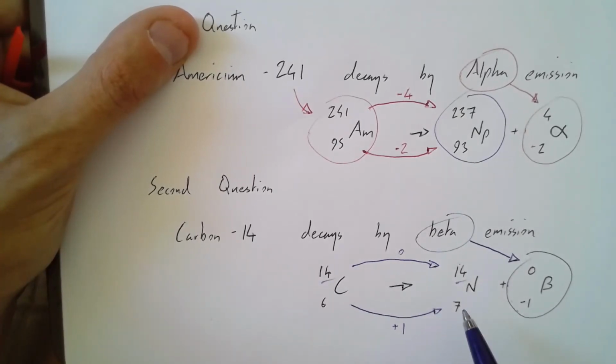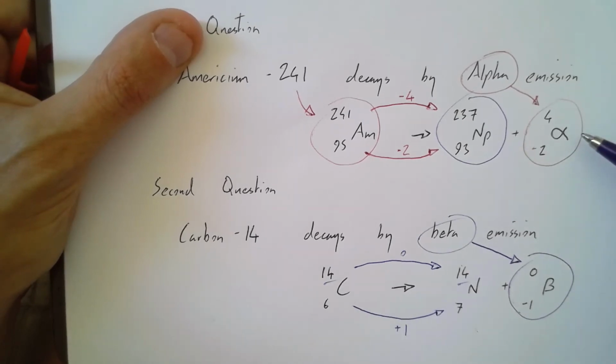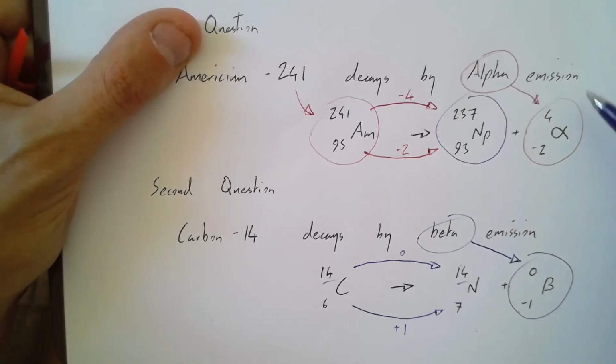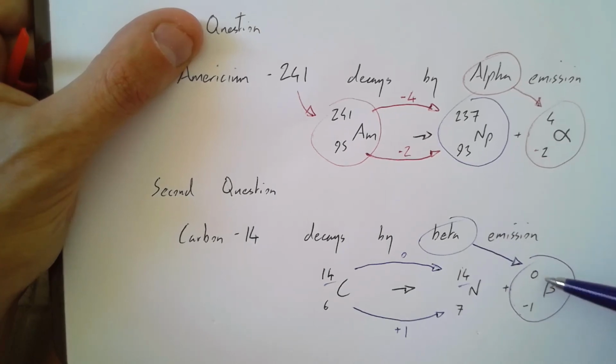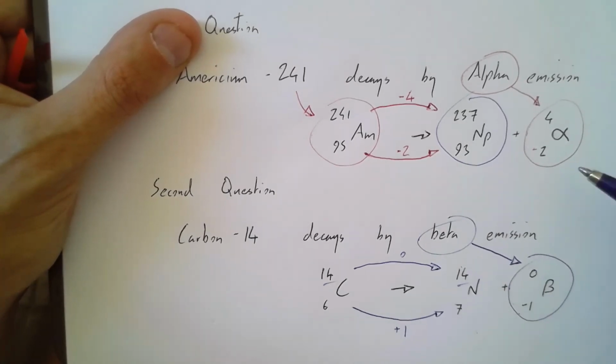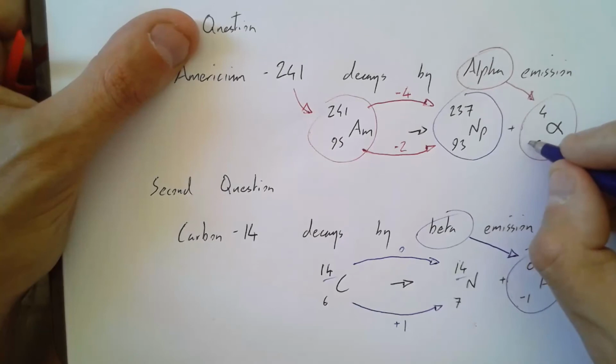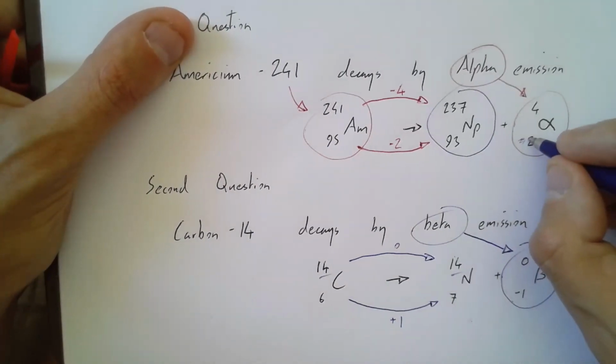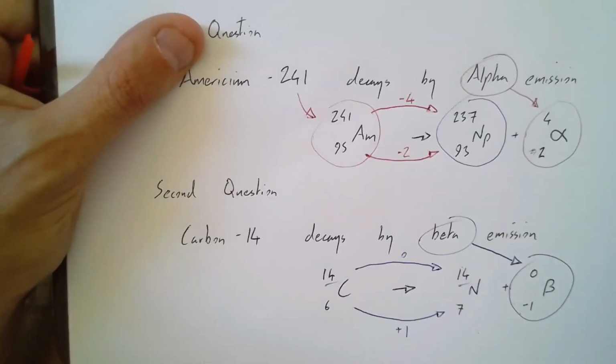So that gives us 14(7). And you must always have your radiation particle at the end. Alpha with 4 and 2, and beta particle with 0 and -1. To make it absolutely clear, that shouldn't be a 0, that shouldn't be a negative there, that is a +2.